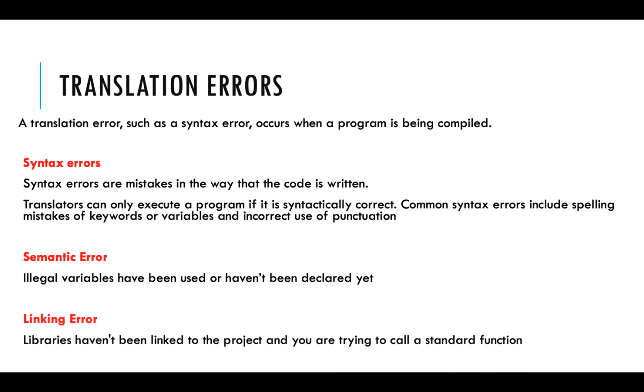We also have semantic errors as well, which is illegal variables that have been used or haven't been declared yet. And then finally, a linking error. We just talked about the linking process, but linking errors normally are created by libraries that haven't been linked to the project that you are trying to call a standard function from.